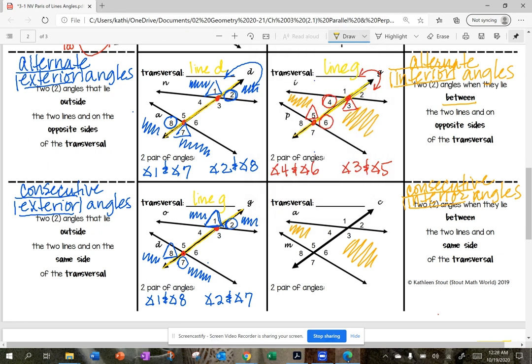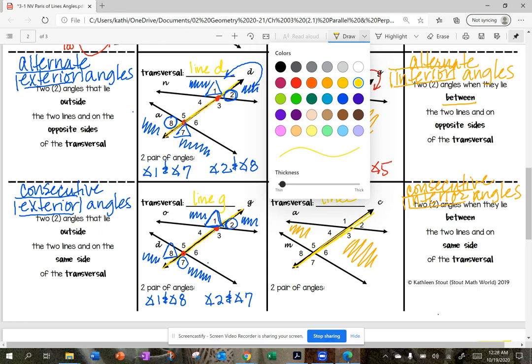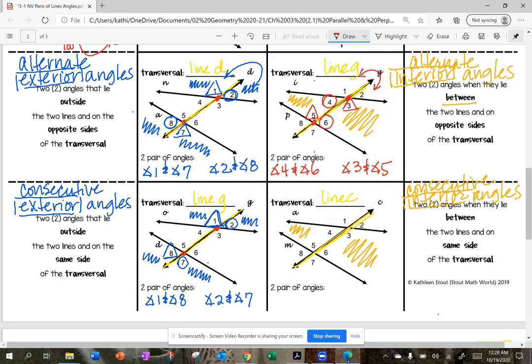Now consecutive interior angles. Again, we identify the transversal first, which is line C, and I know line C because it crosses the other two lines. Again, I'm talking about angles 3, 4, 5, and 6 because I'm on the interior.